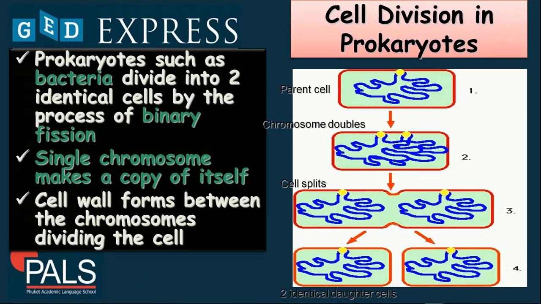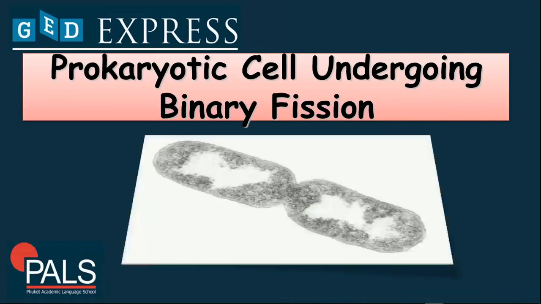So we have here a prokaryotic cell undergoing binary fission. As you can see, they're about to separate, and the outer lining of that cell is what we call the cell wall. Later on, that cell will be divided into two identical cells.